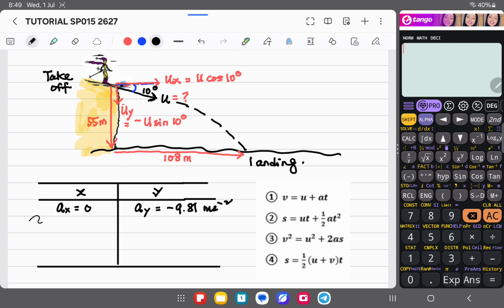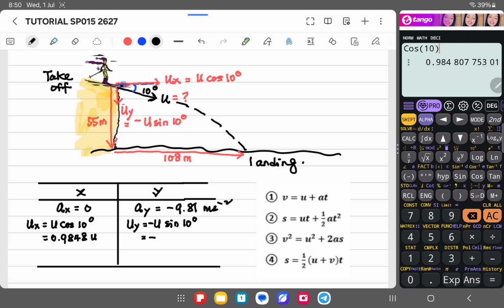So we write it down. Our ux will be u cos 10 degrees. I calculate cos 10 degrees is 0.9848, so ux is 0.9848u. Then my uy will be negative u sin 10 degrees. Don't leave out the negative, because it's directed downwards.